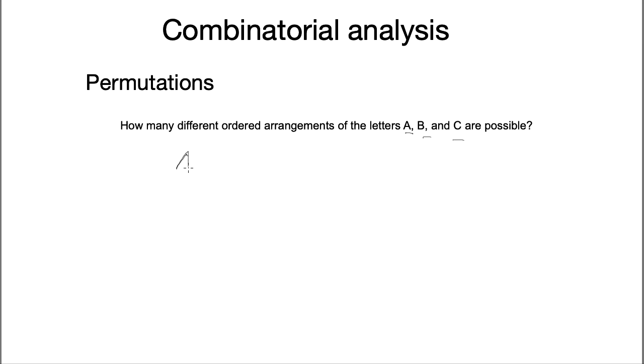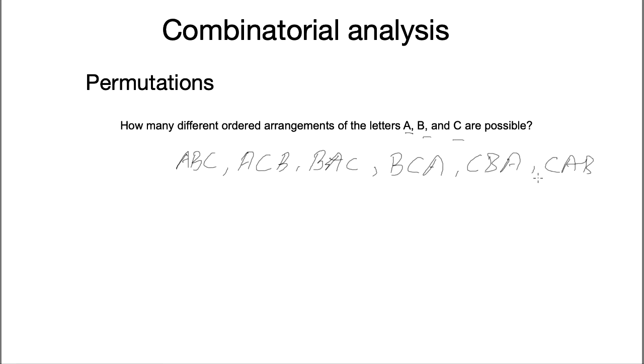For example, we can get A, B, C, or A, C, B, or B, A, C, or B, C, A, or C, B, A, or C, A, B. So these are the possible arrangements we can get from these 3 letters. So there are 6 possibilities.